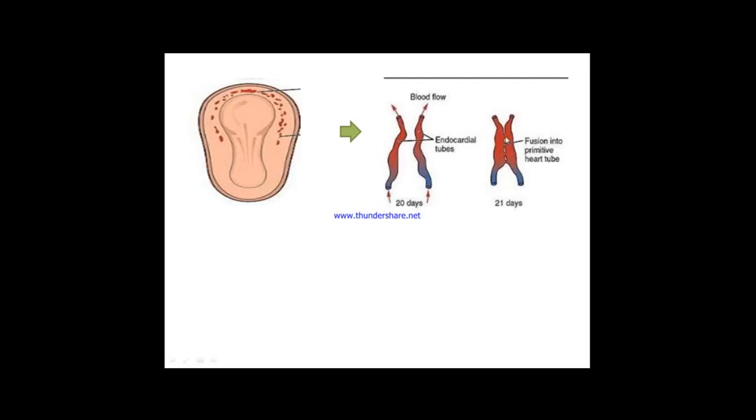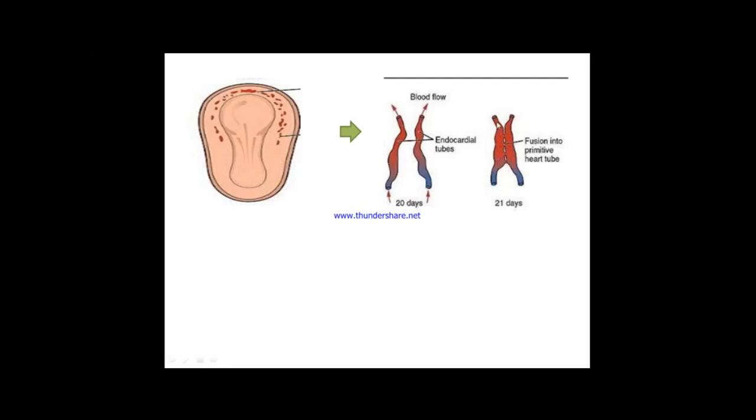Once they unite, the boundary between these two heart tubes disappears because of programmed cell death. So these two heart tubes then join together to form a single chamber from above downwards.